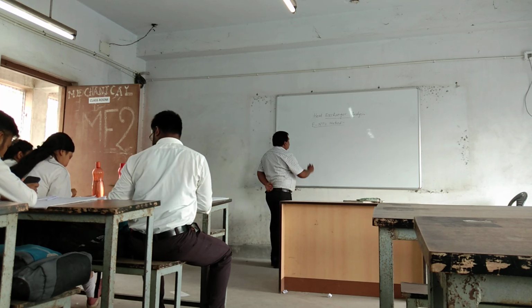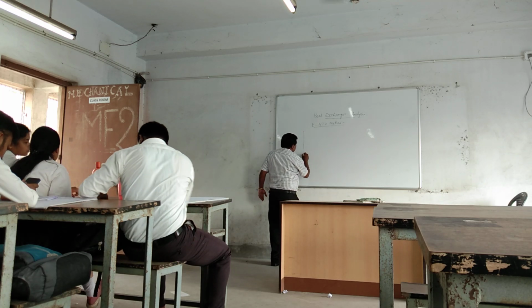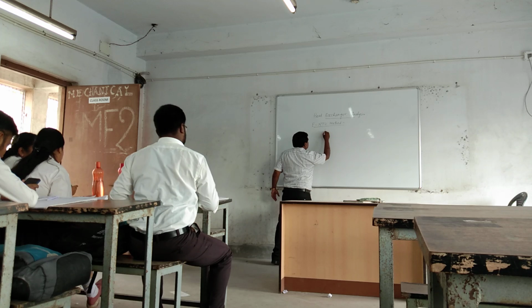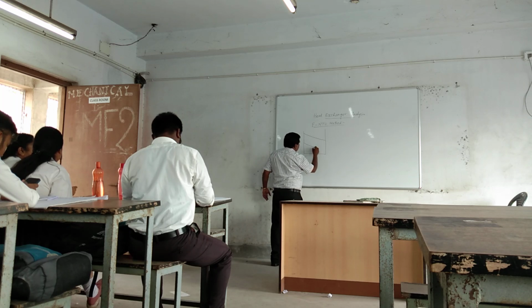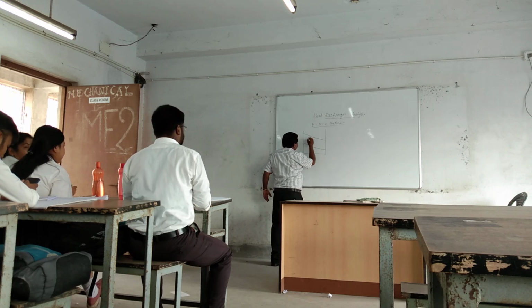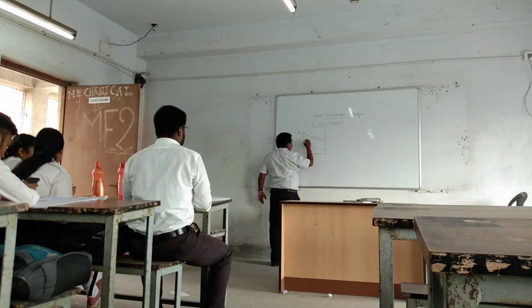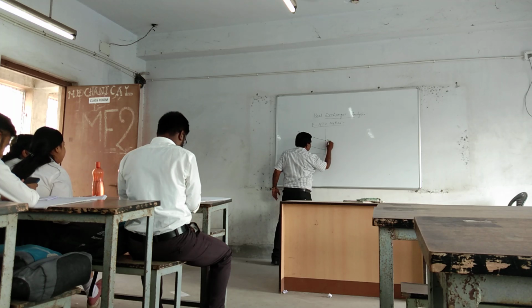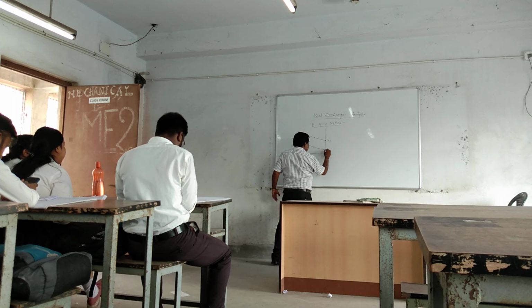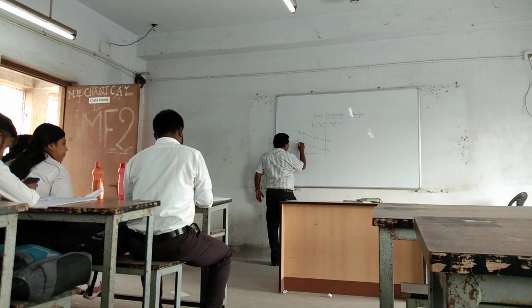Now see, in LMTD analysis, we have seen, suppose for a counter flow heat exchanger, this is THI, hot fluid inlet temperature, that is hot fluid outlet temperature, and this is cold fluid inlet temperature, this is cold fluid outlet temperature.